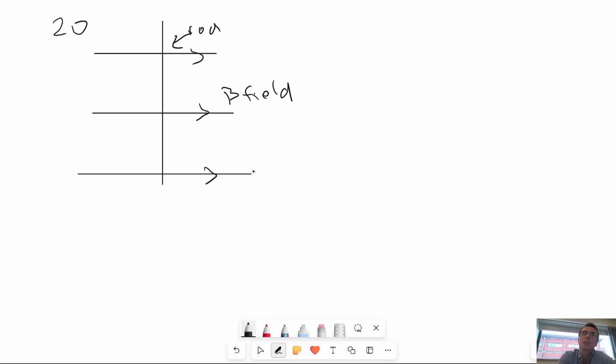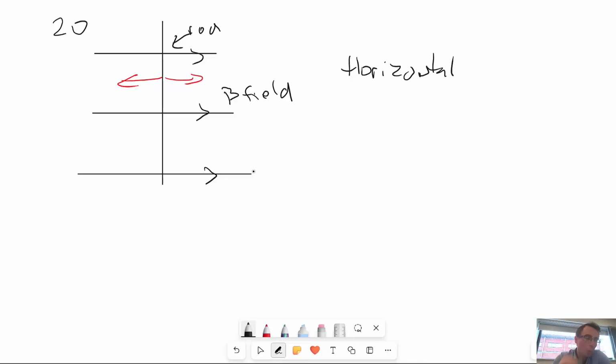So the field lines have to be parallel to the normal in order to get a change of magnetic flux linkage. So we have to move the rod either this way or this way. So the direction of motion will be horizontal in order for an EMF to be actually induced.